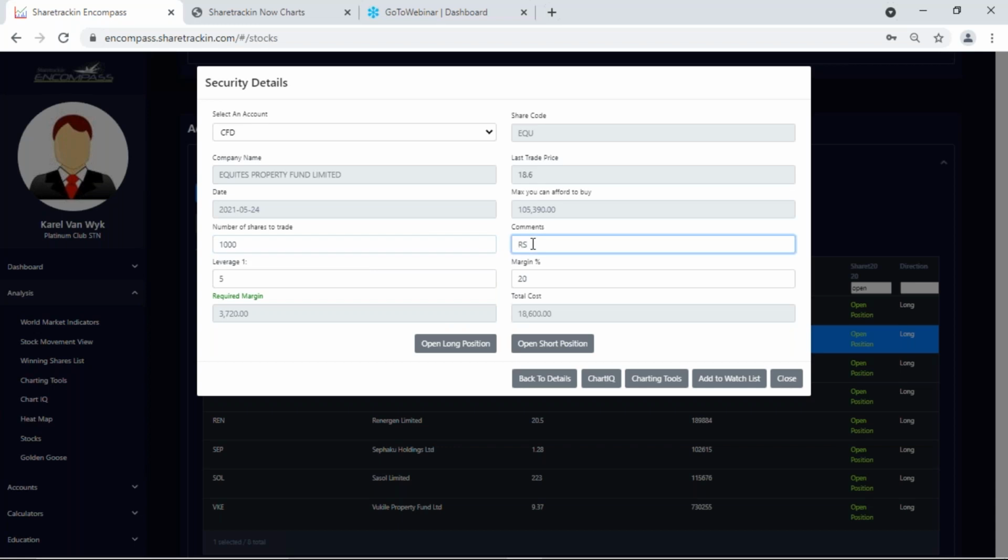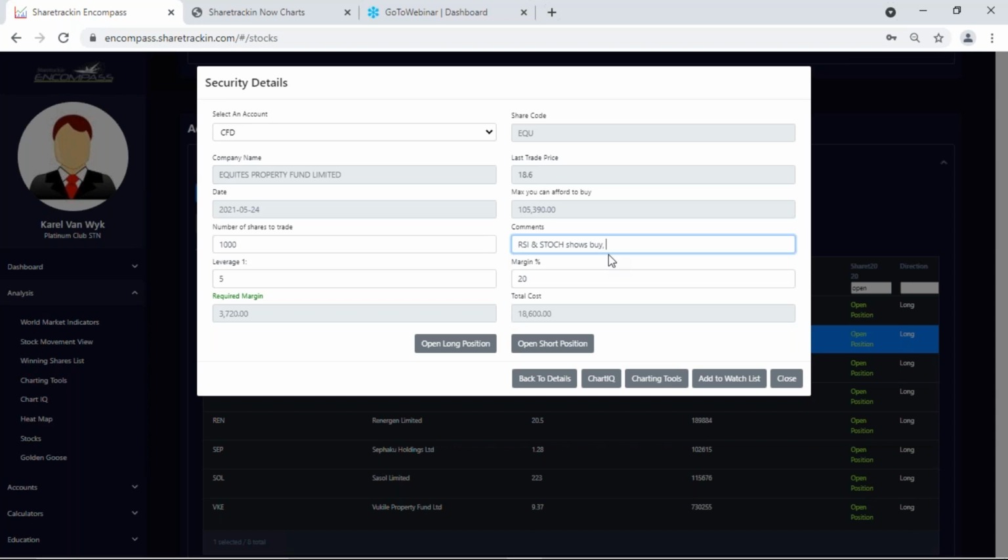So I would then say here that my RSI and stock shows buy, and if I want to, I can add another reason. If it indicates that it's a short, I would say that my RSI and stock shows a sell.